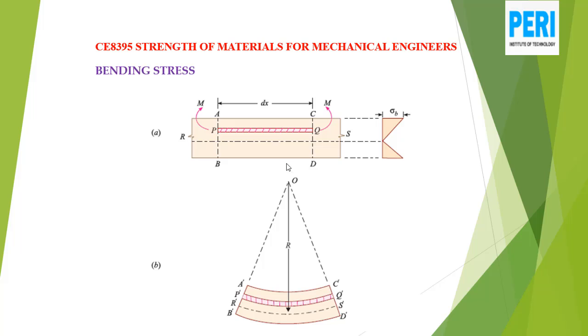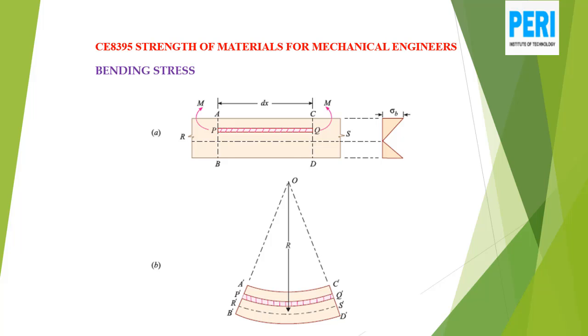Then BD will be tensile, elongated, and AC will be contracted. So AC is contraction and BD is elongation. RS will not be changed while this bar is bent to a radius of R. Then PQ will be changed, RS will not be changed.